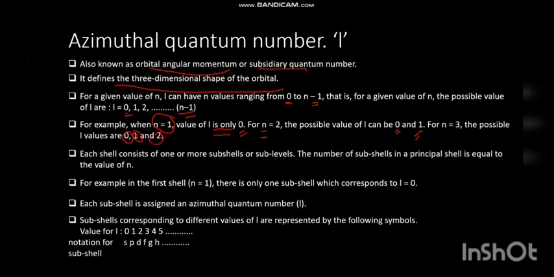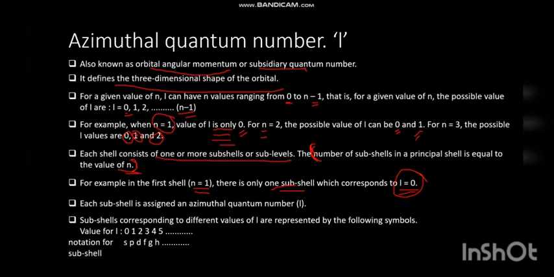Each shell consists of one or more subshells or sublevels, and the number of subshells in a principal shell is equal to the value of n. So the number of subshells is always equal to the value of n in a principal shell. In the first shell, if n is equal to 1, then there is only one subshell, which corresponds to l equal to 0, as we have seen.